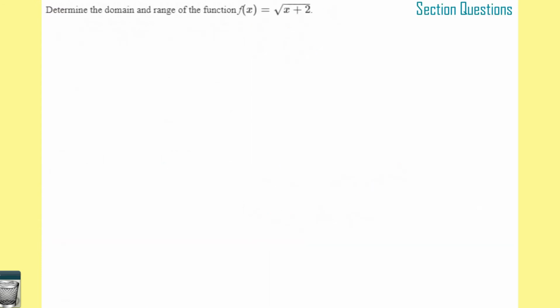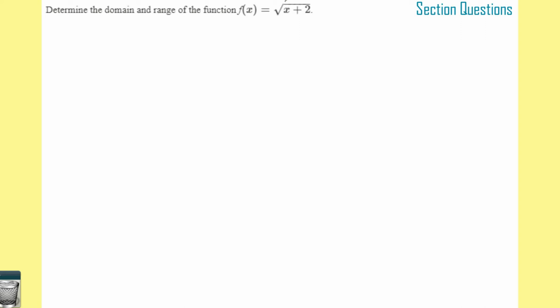So when it comes to finding the domain and range of a function without the graph, all right, understanding the relationship between the functions and the properties, knowing that stuff is really what's going to help you here.